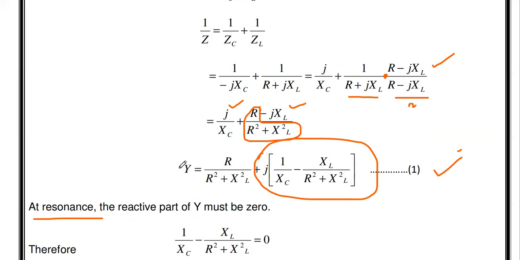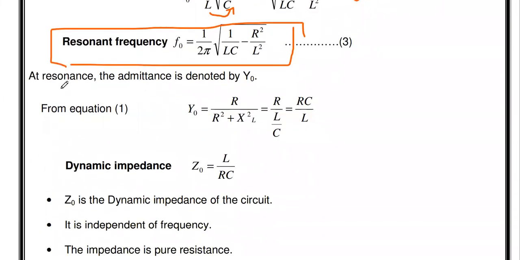So that's why the admittance Y can be written as R by R squared plus XL squared. At resonance, the admittance is denoted by Y naught, or YR, admittance at resonance. So Y naught equals R by R squared plus XL squared. And what is the value of this R squared plus XL squared?